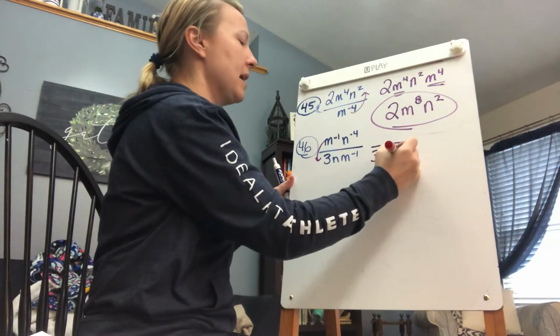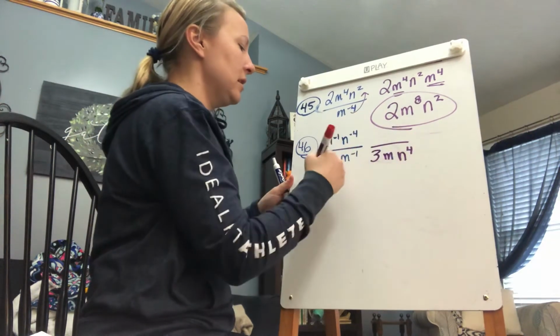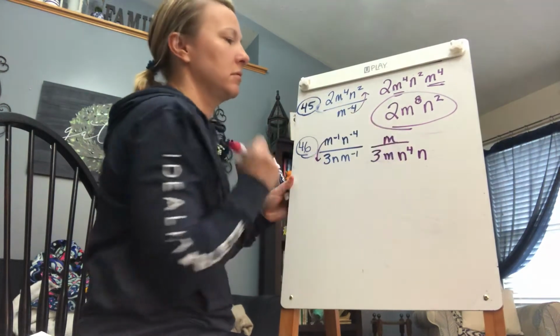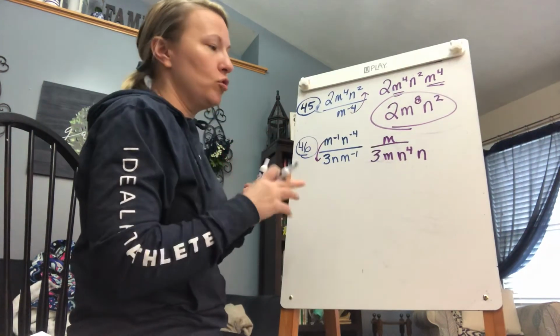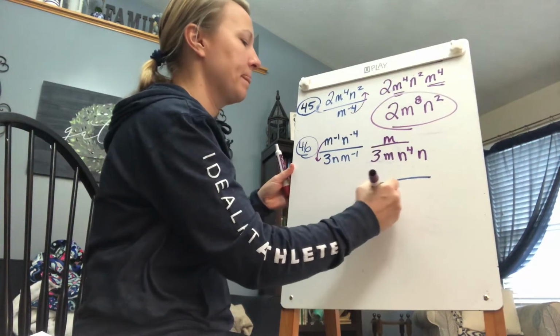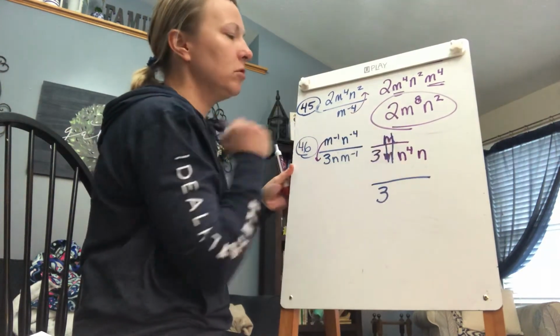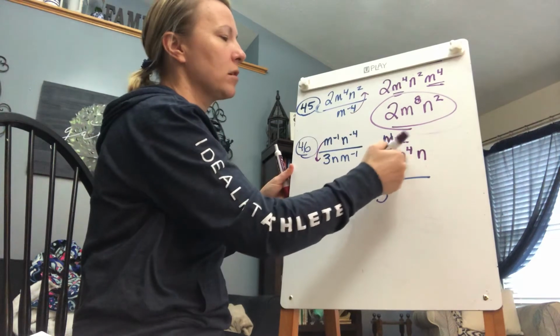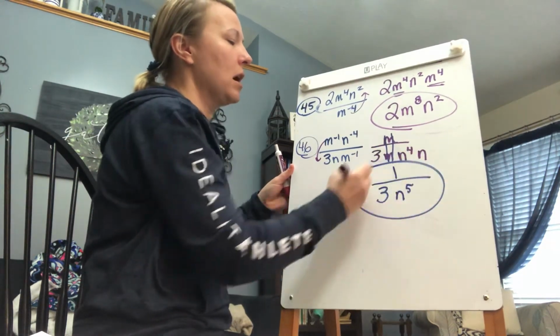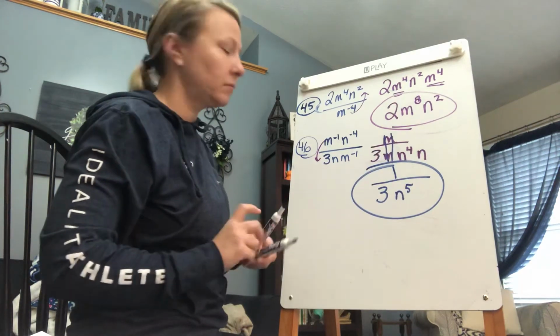This guy on the bottom, n to the 4. This guy stays on the bottom, and this guy goes to the top. And then I'm going to do some canceling. I've got 3 on the bottom, and then m and m cancel. And then I have 4, 5 n's. There's nothing left on the top, so I have to put a 1 as a placeholder there.